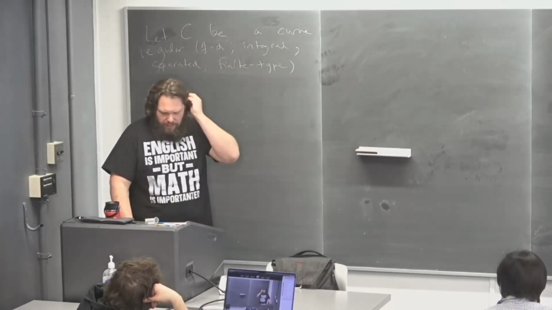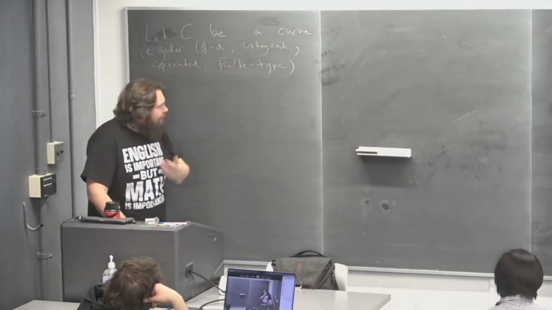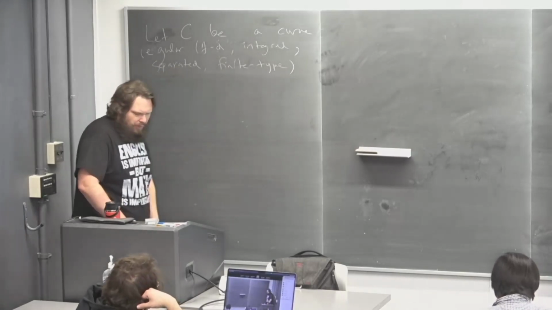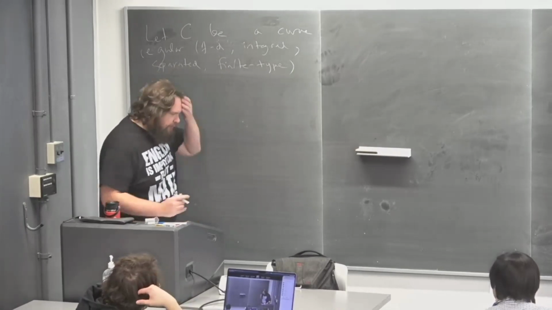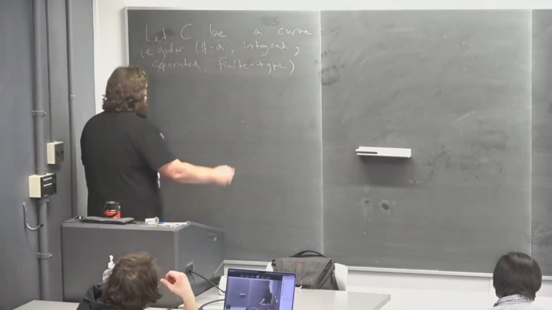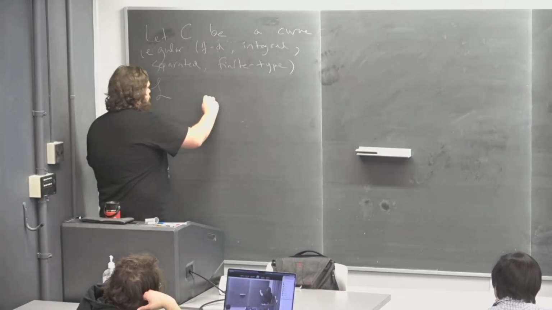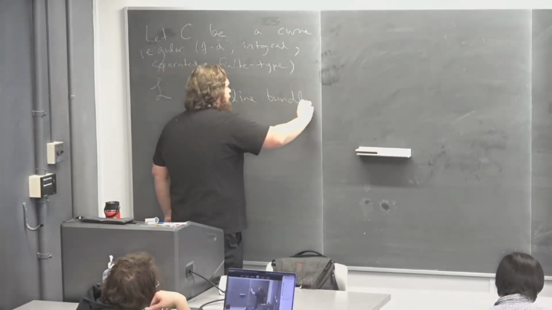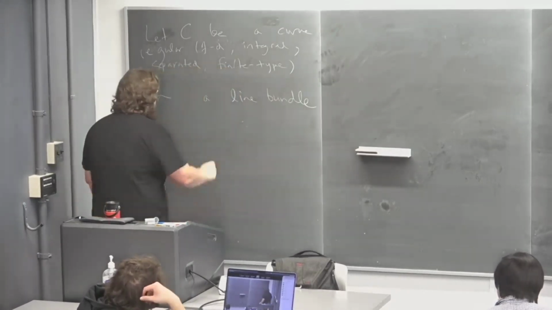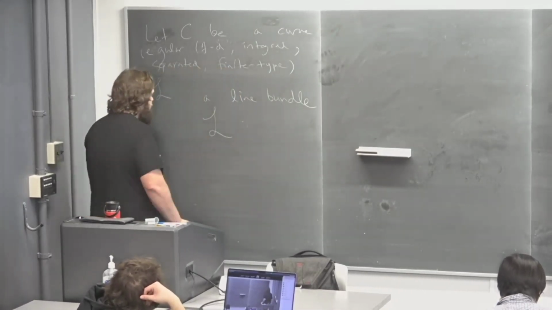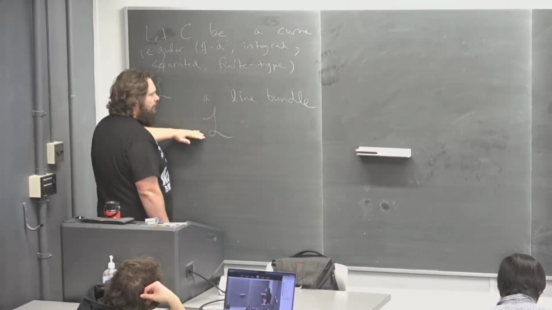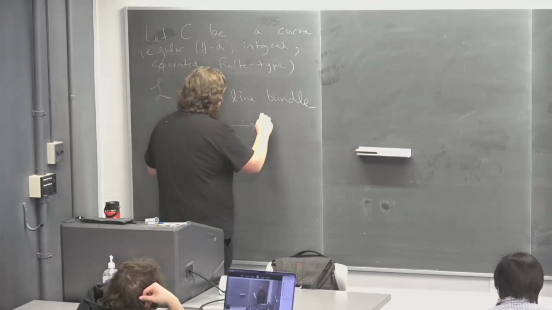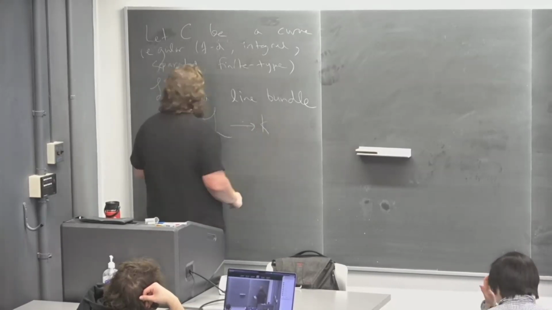All right, and I had discussed a criterion for whether my line bundle is globally generated. So I want to phrase it in a slightly different way. I'm given L, a line bundle. On my line bundle L, there's a map to the skyscraper sheaf at any given point.